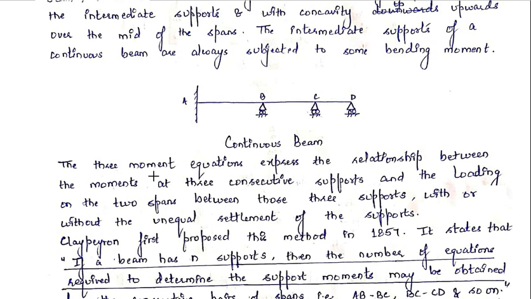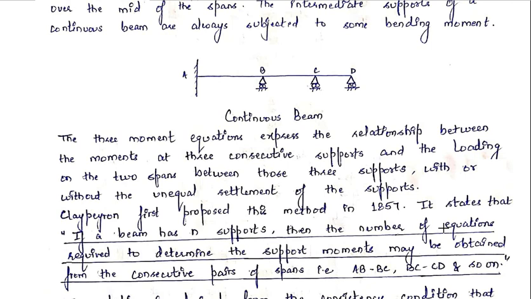This theorem or these equations were given by Clapeyron in 1857, and it states that if a beam has n supports, then the number of equations required to determine the support moments may be obtained from the consecutive pairs of spans, that is AB, BC, BC, CD, and so on. It means that if a beam has n supports, it can be 3, it can be 4, it can be 5.